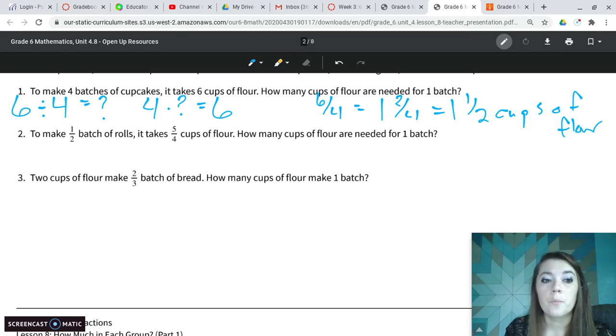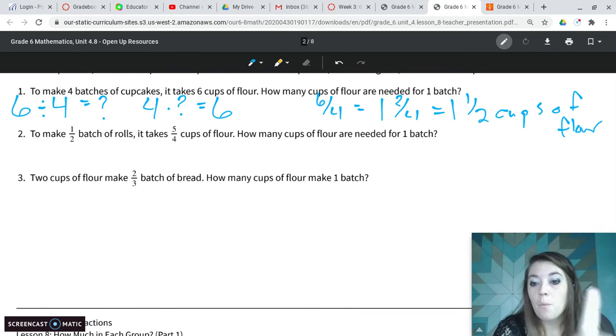Okay? Now, for number 2, to make a half batch of rolls, it takes 5/4 cups of flour. Sorry, not 5 1/4, 5/4 cups of flour. How many cups of flour are needed for just one batch? So we're taking our half. We want to find out what 1 is.